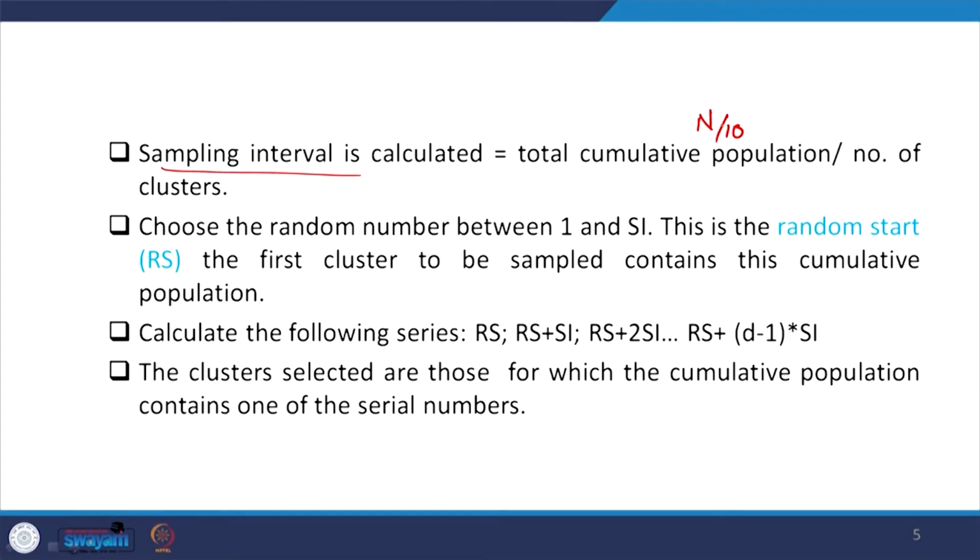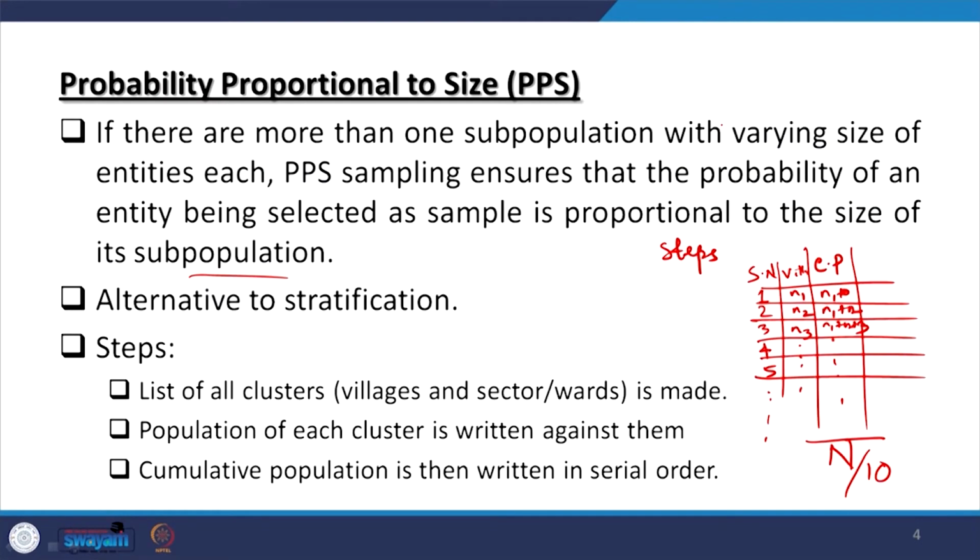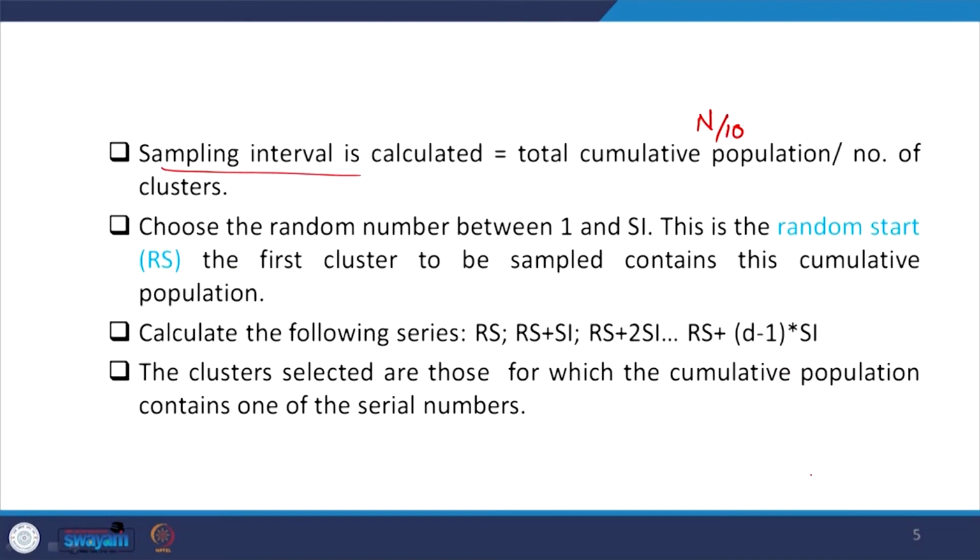Now, choose a random number between 1 and the sample interval. The next step is to choose any number between 1 and N upon 10, if 10 is the sample interval. How to select that random number? It might be a random start, or you may take the help of tools, such as a computer random table.